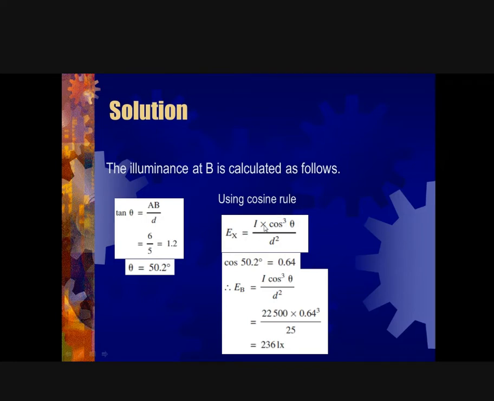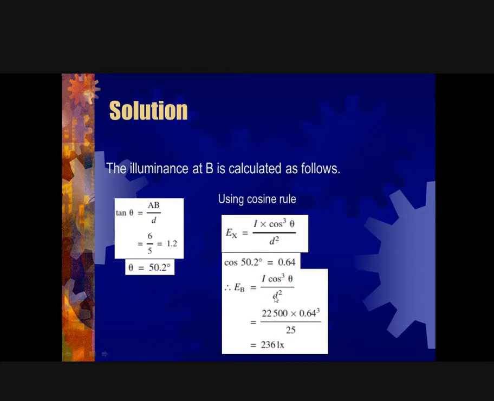Using the cosine rule, we develop the new equation for the illuminance at an angle: I times cos cubed theta, divided by d squared. It's just a matter now of filling in what cos cubed theta is. We find cos theta, which is 0.64.